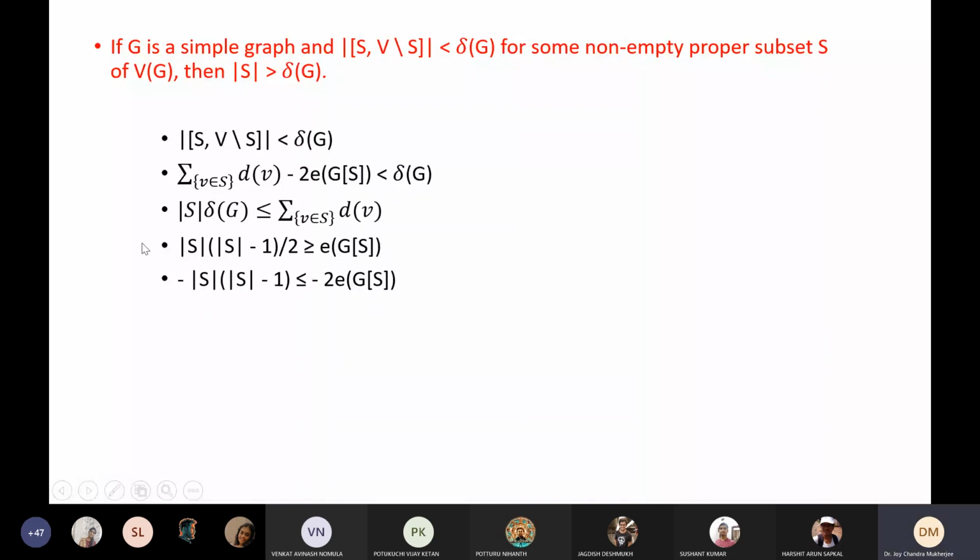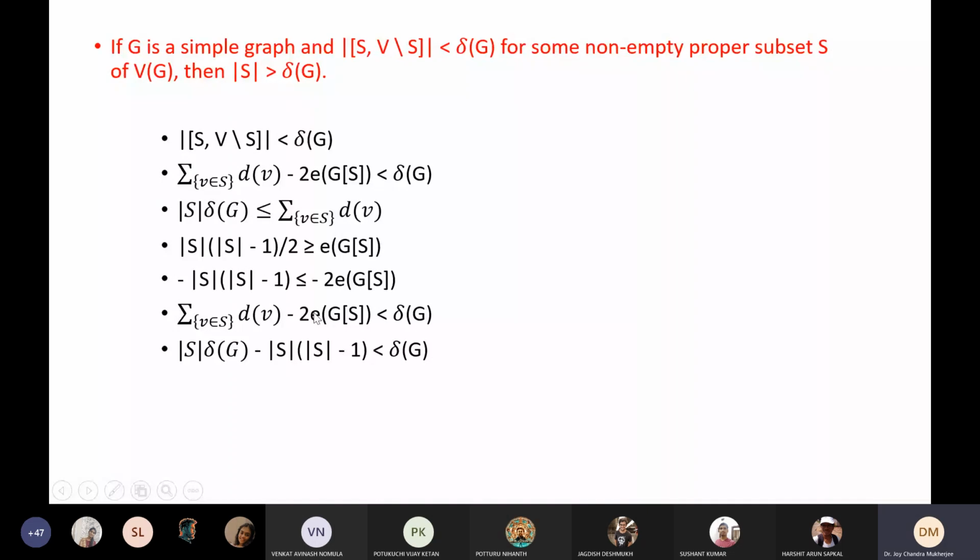Okay. Now I add these two, this one and this one. So what will I get? The summation of d(v) minus 2 E(G[S]) is basically less than delta G. This line we have got from the earlier theorem.